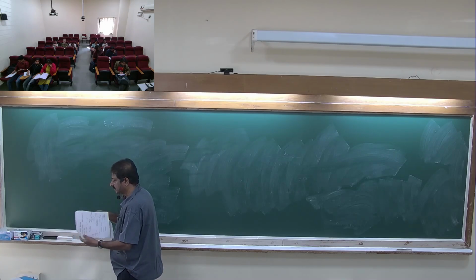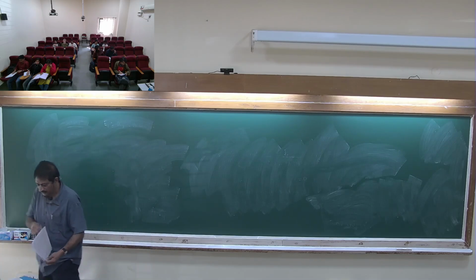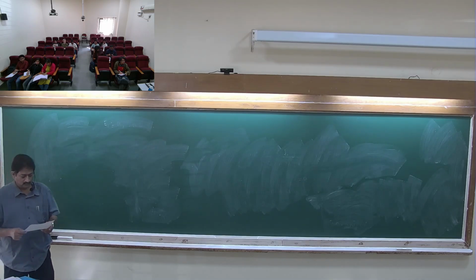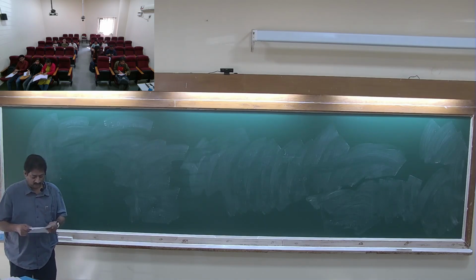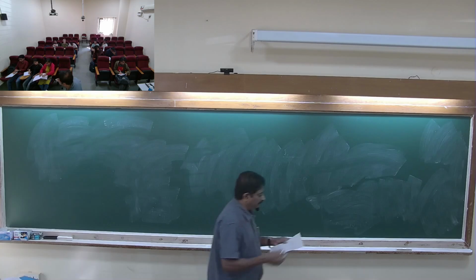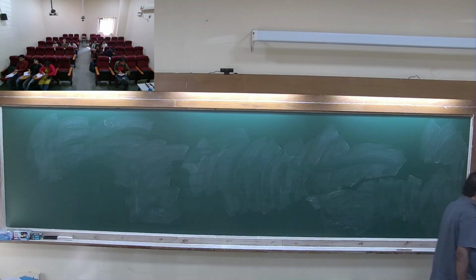So I'm going to ask you one more question now. Where do you think this number comes from? This 2.79, where does it come from? Now, if you people believe that, what is proton made of?